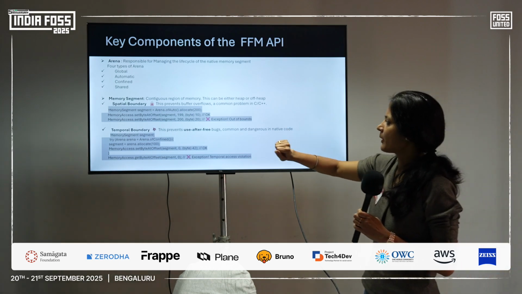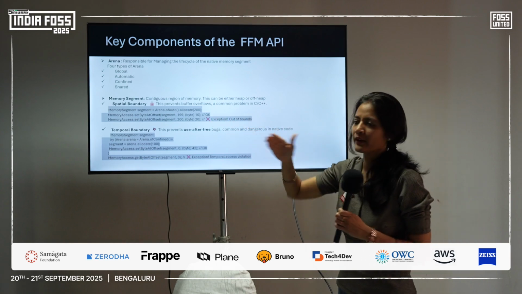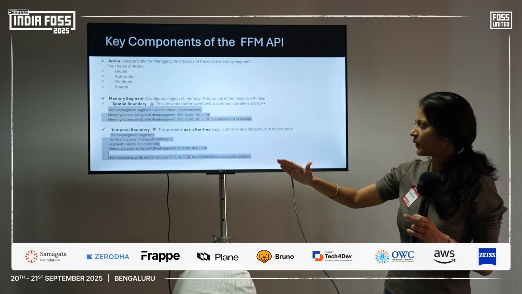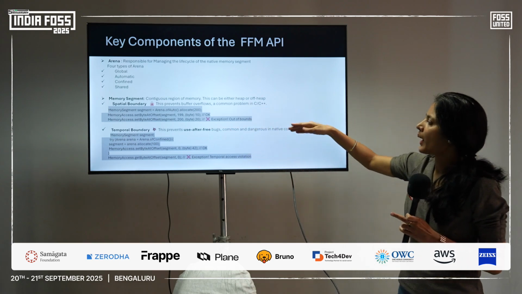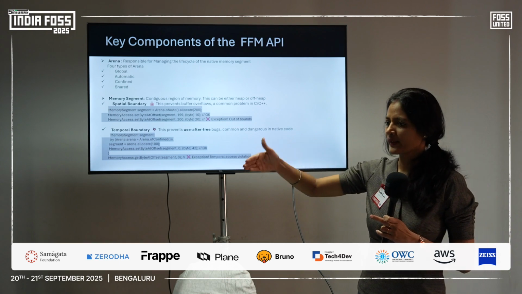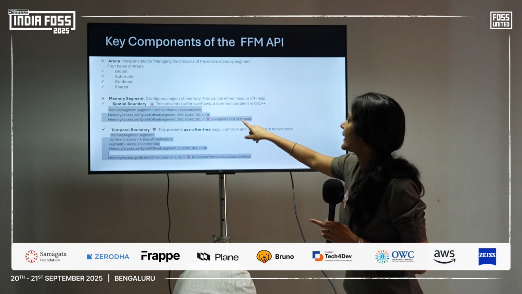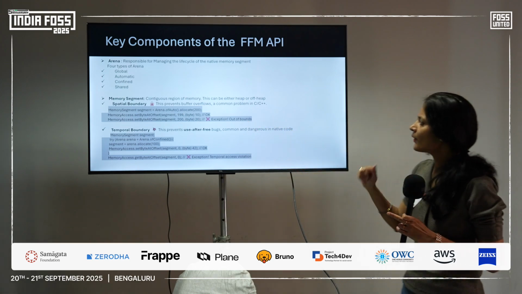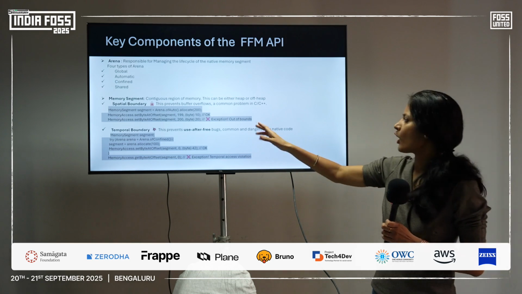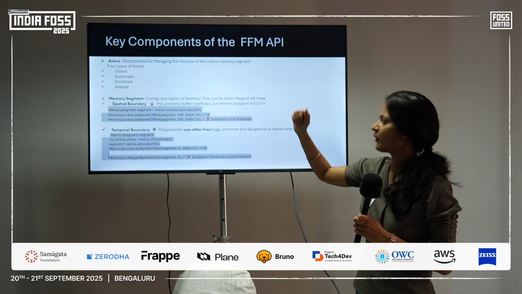With the spatial boundary, say it has allocated 200 bytes, so the lower bound is 0 and the upper bound is 200. Now if it tries to access memory outside of that, at offset 201, it gets an out of bounds exception. So even if you write wrong code, there is no way of generating a buffer overflow.